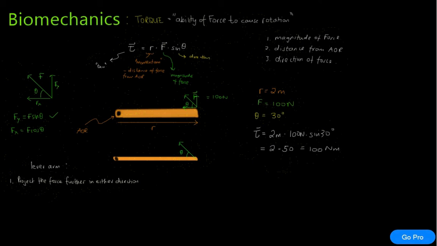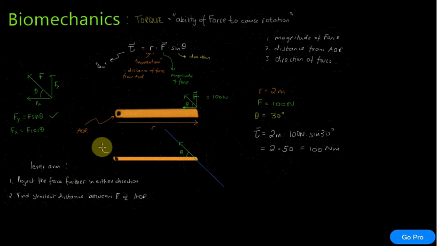In essence, I extend this further over here, and I extend it further down here. The second step is to find the shortest distance between the force and the axis of rotation, between F and the axis of rotation.